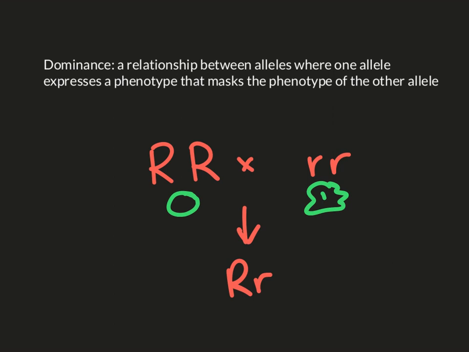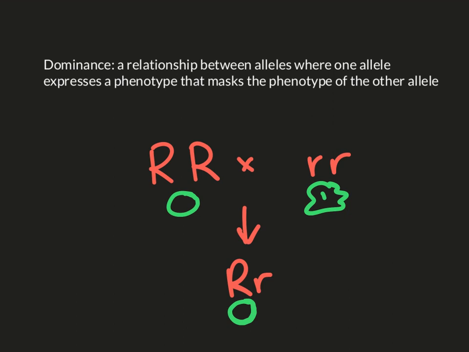Again, heterozygous is describing the genotype of this pea, and the phenotype of that pea is also round. And that is because the big R allele is dominant to the little r allele, or conversely, the little r allele is recessive to the big R allele.